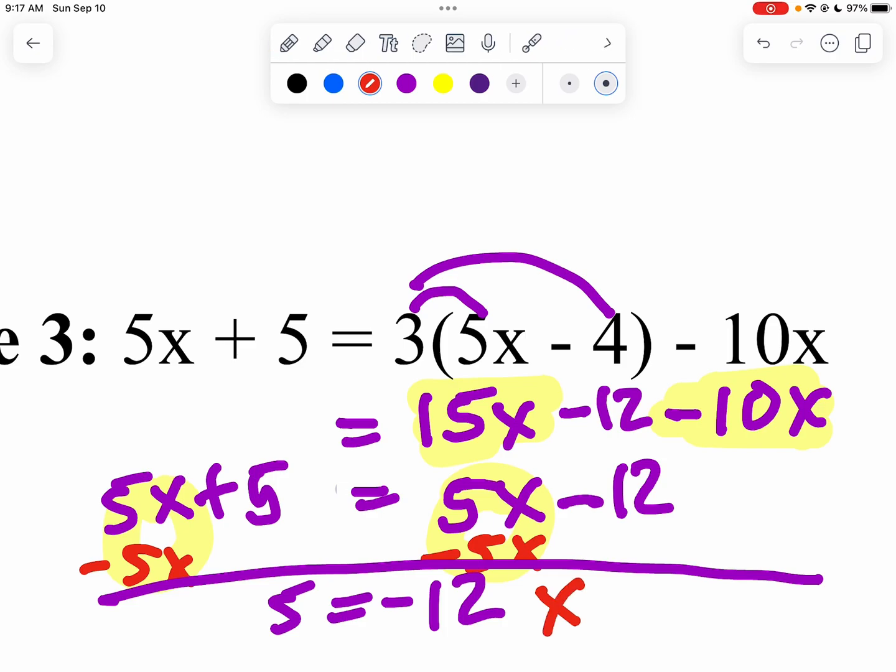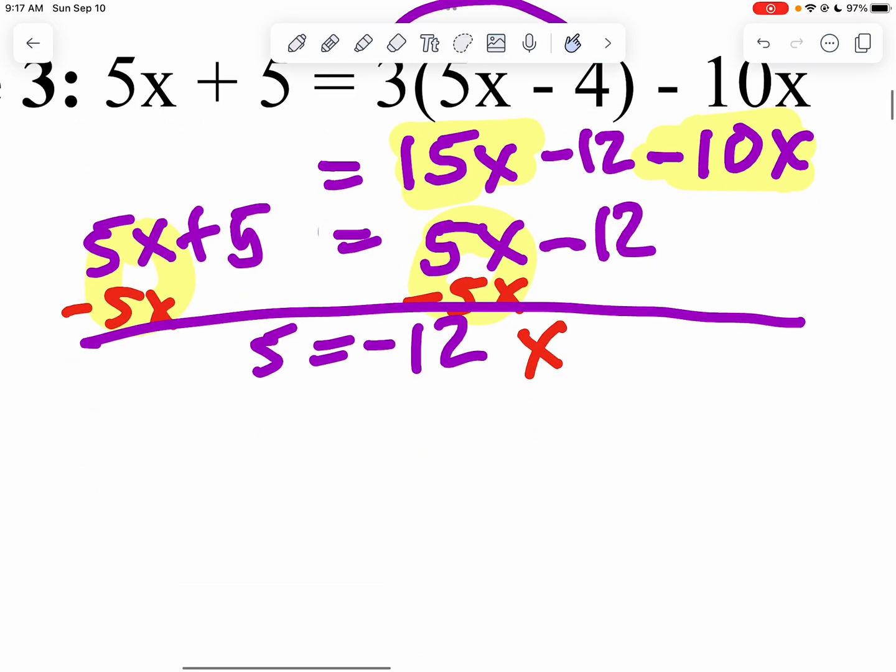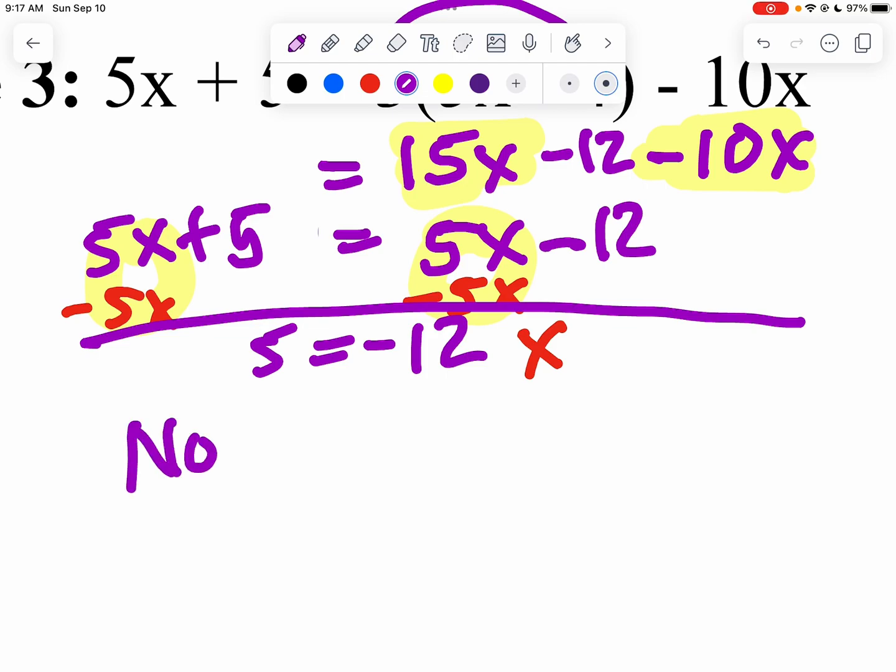If you do a problem and you end up with an answer that's not true, like 5 does not equal negative 12, that tells us there is no solution. There's nothing I can replace for x that will make this equation true.